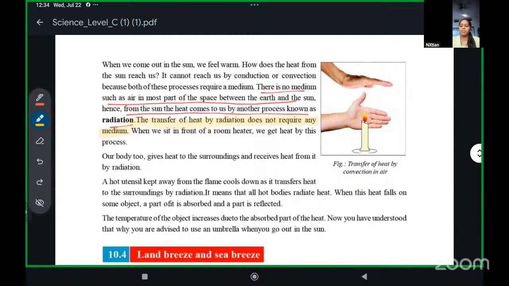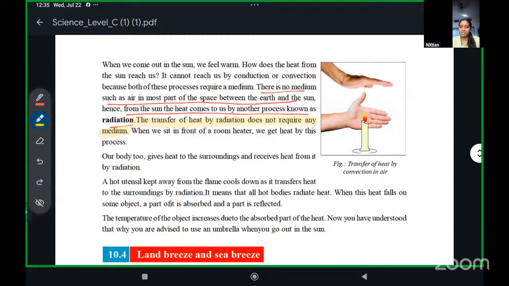Whenever there is movement of molecules, either in air or water, it is convection. Whereas when direct heat transfer is there, it is radiation. The Sun does not need molecules to give us heat to burn us.